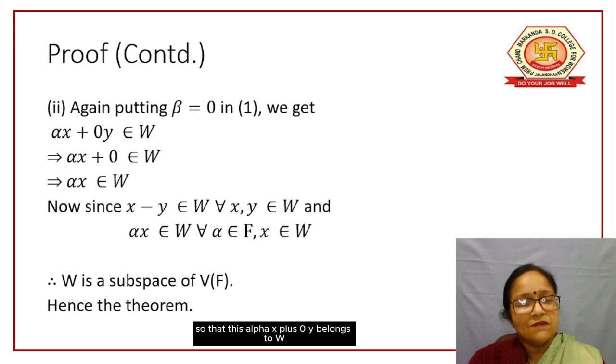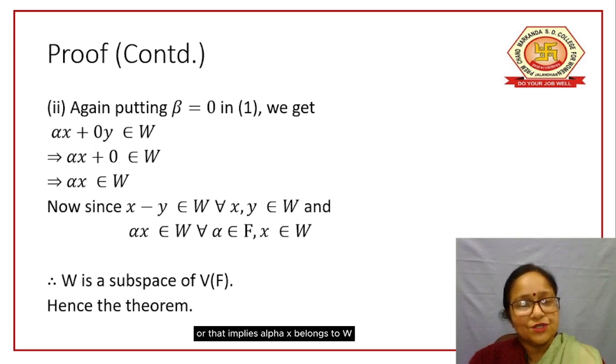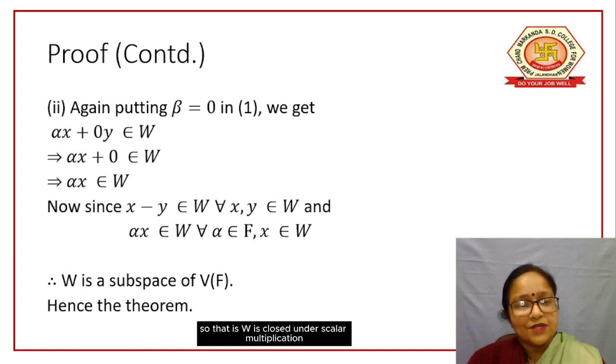That implies alpha x plus 0 belongs to W, or that implies alpha x belongs to W. And this gives the scalar multiplication property of W. So W is closed under scalar multiplication.